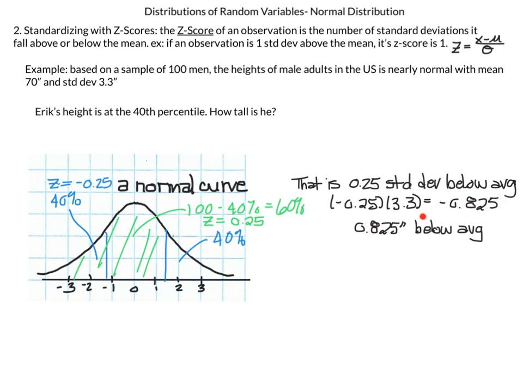That is 0.825 inches below average, which means the mean, 70, minus 0.825, is 69.18 inches. Once you had the z-score of negative 0.25, you could have plugged it into the formula for z-score, x minus the mean divided by the standard deviation.